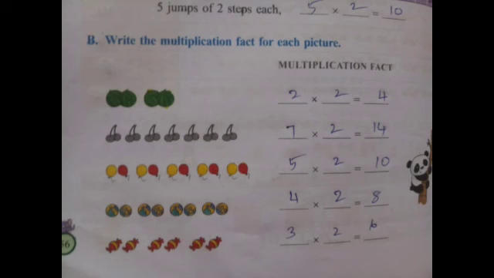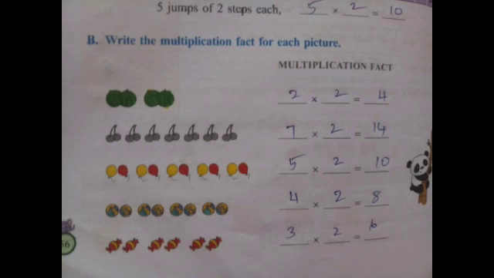Next, balls. 4 groups are there, 2 balls each. So 4 twos are 8. Next, chocolate picture. 3 groups are there, 2 each. 3 twos are 6. So without counting the pictures, we can write the answer easily using the multiplication of 2.